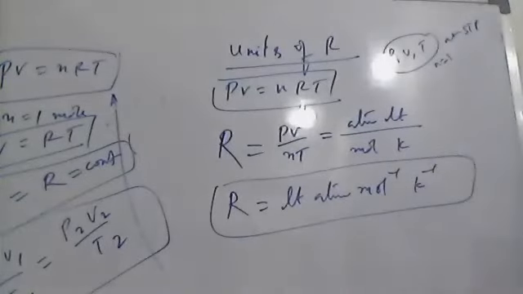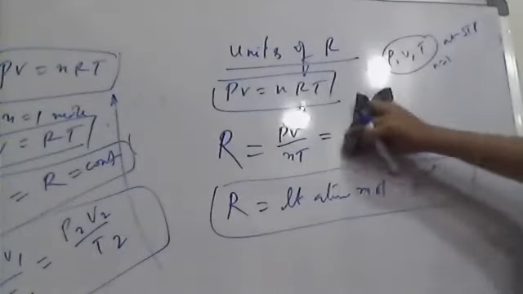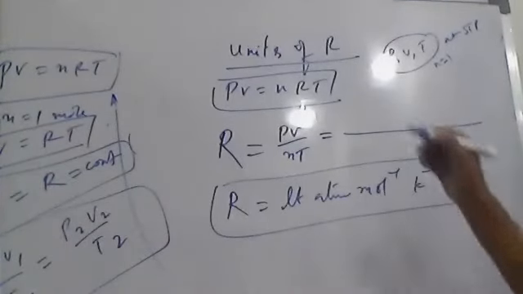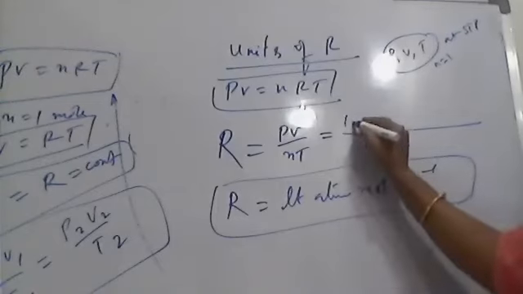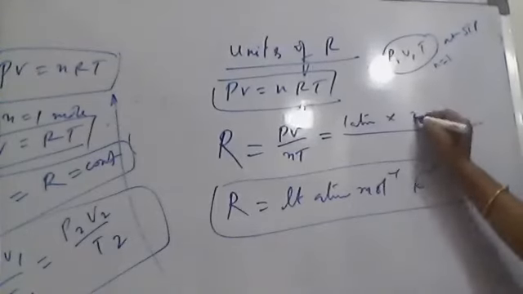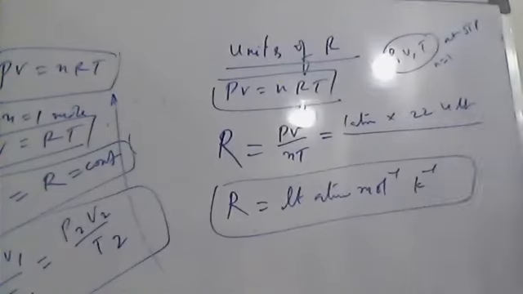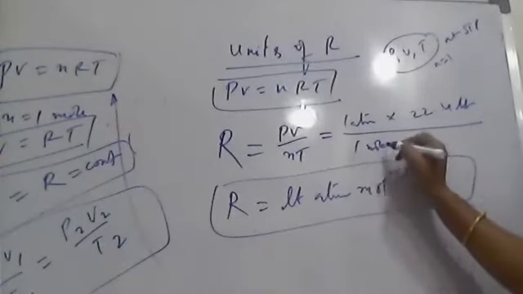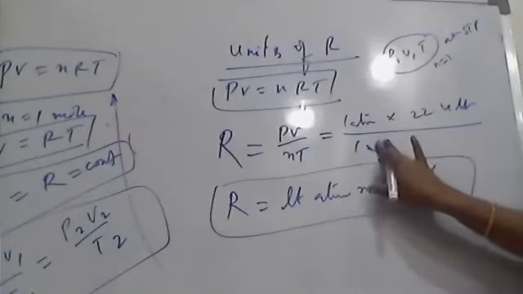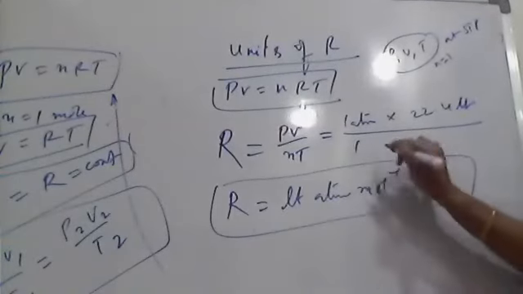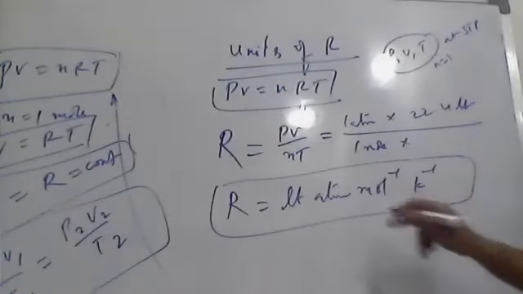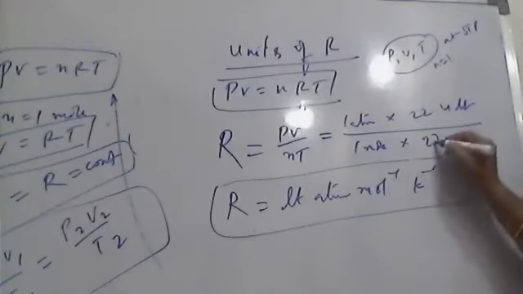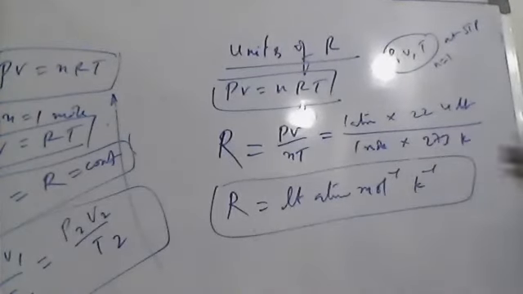For 1 mole of gas, if n equals 1 at STP, the pressure is 1 atmosphere, volume 22.4 liters, number of moles is 1 mole, and temperature at STP is 273 Kelvin.